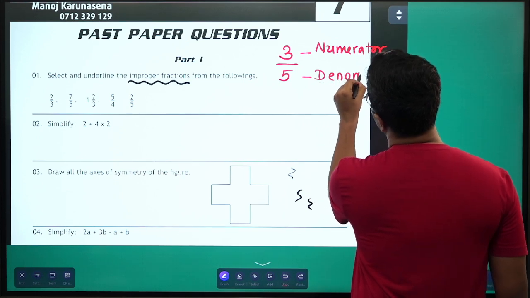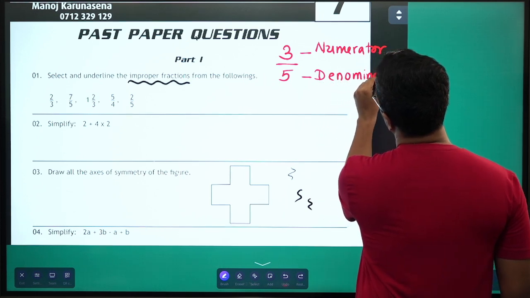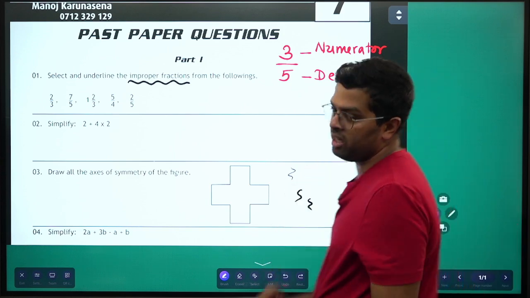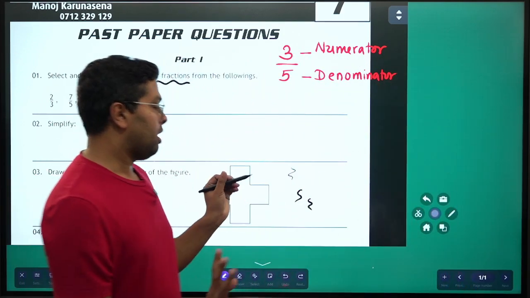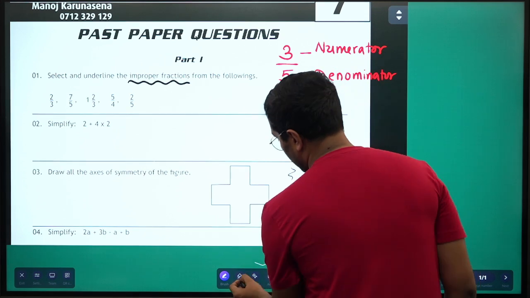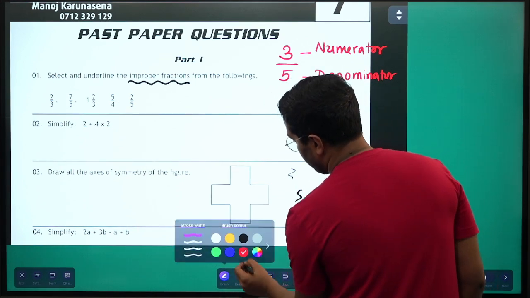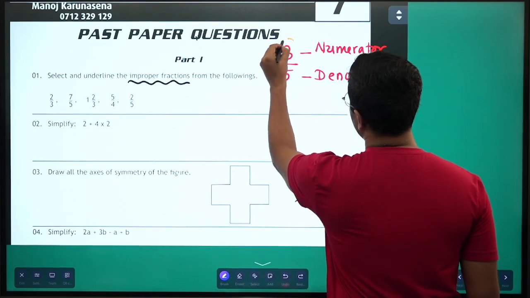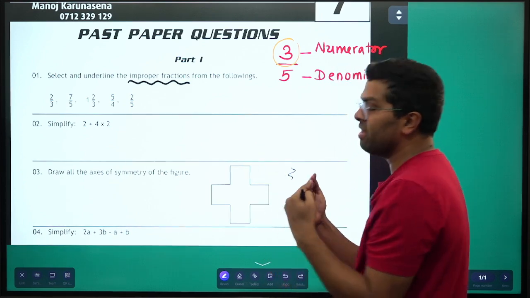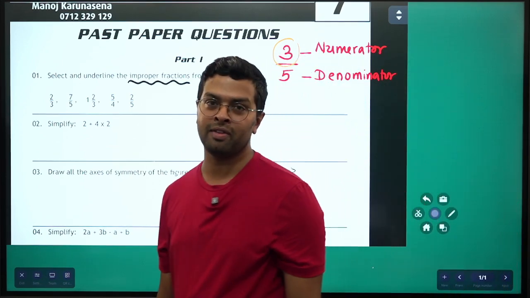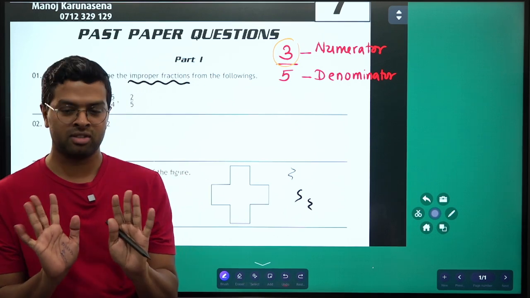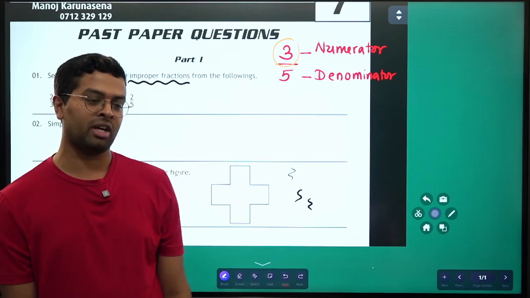So we have two parts in a fraction, numerator and denominator. Now in this example, the numerator value, this number 3, is less than the denominator. Such fractions we call proper fractions.